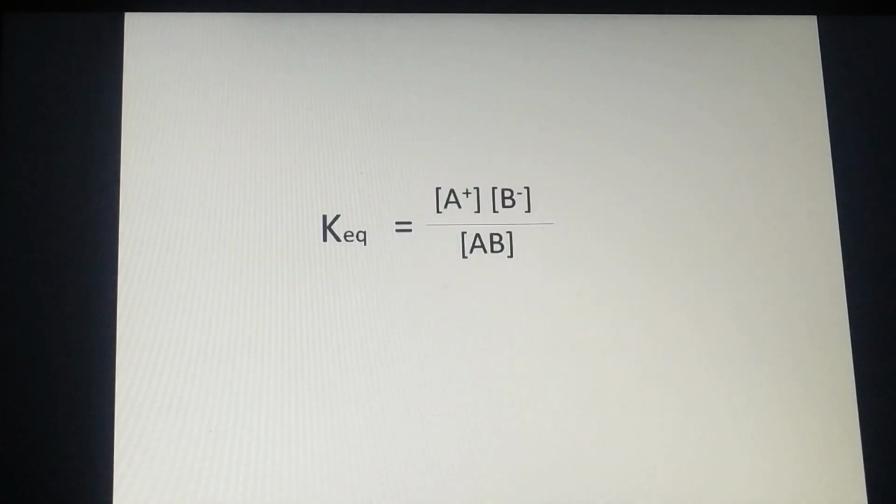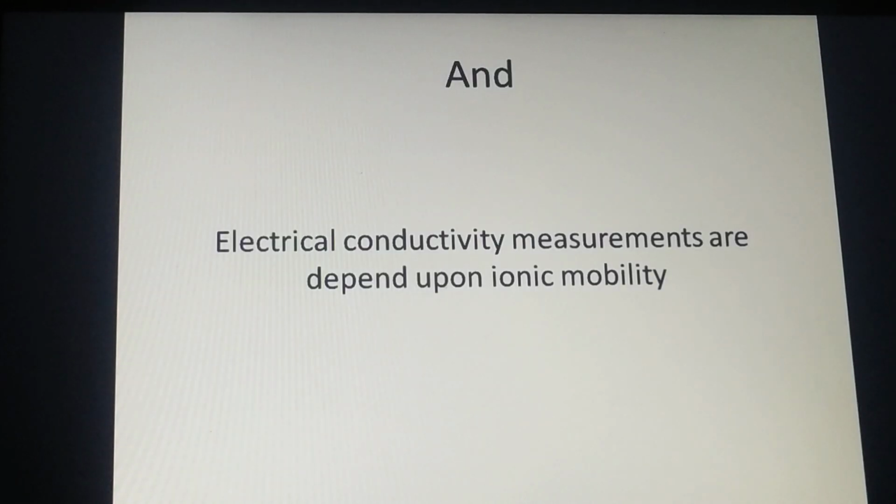So K equilibrium is equal to concentration of one ion into concentration of the other ion divided by concentration of the solution. Electrical conductivity measurements depend on the ionic mobility.